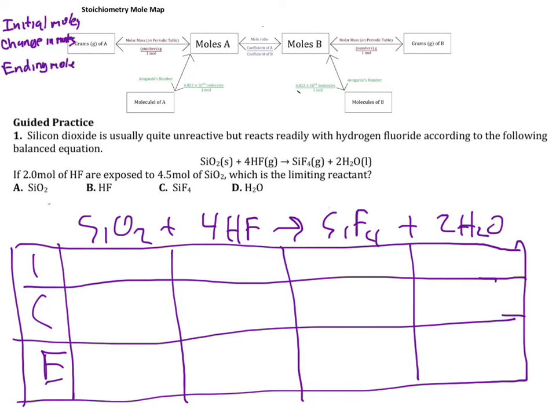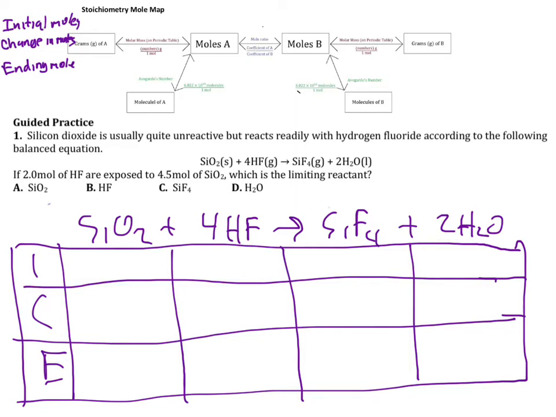All right, so ICE tables give you your initial moles, your change in moles, and your ending moles. So go ahead and write that down, and then pause the video and write down this table that I drew here as well.